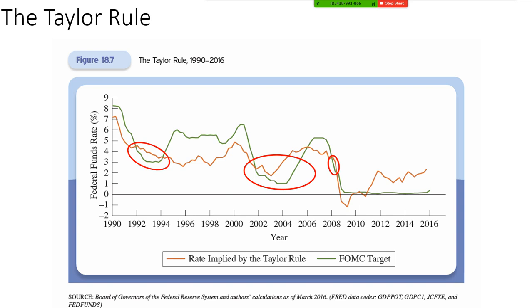Okay, so in these red areas, to get back to this graph that I've circled, effectively what we're seeing is that the Fed knows the economy is in trouble. And what it's trying to do is lower the federal funds rate target dramatically during the early phases of the downturn.